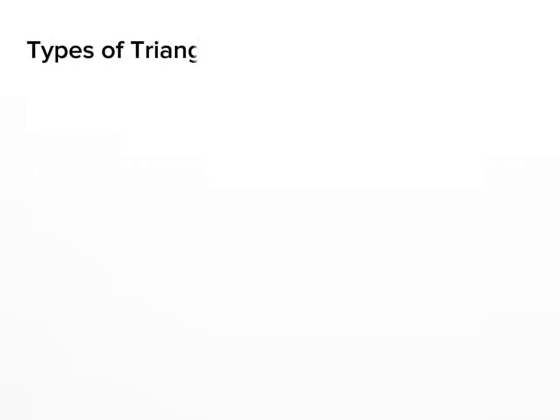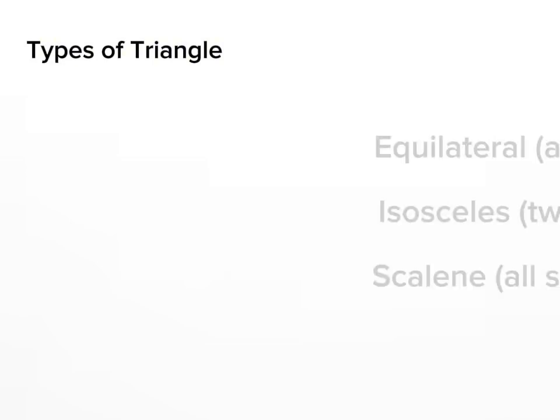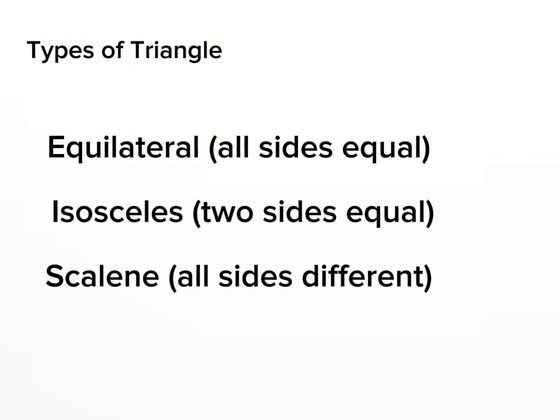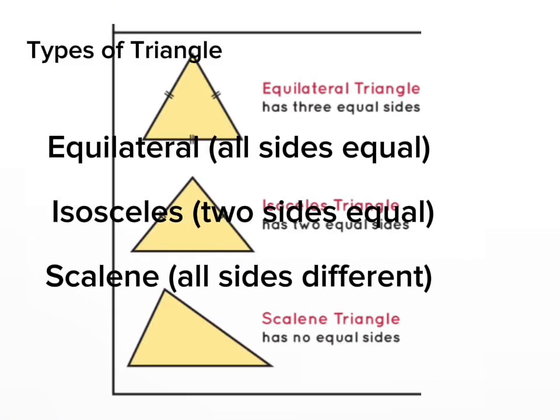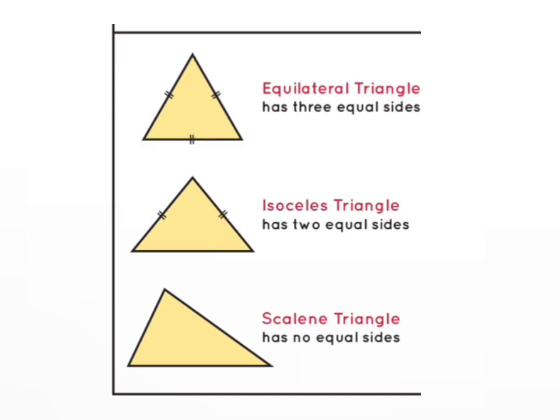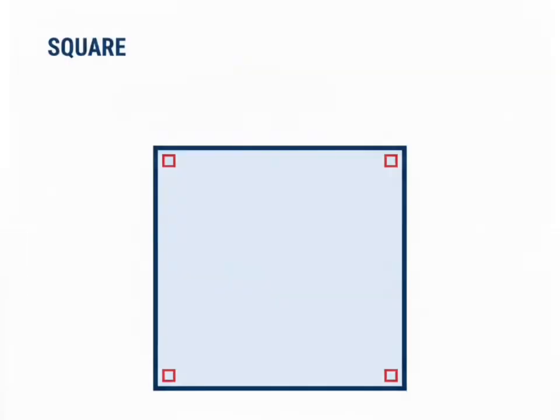There's a length. Types of triangle. I will mention the basic types of triangle where three sides are equal, two sides are equal, or all sides are different. Here you go. Equilateral triangle has three sides the same, isosceles and scalene triangle.